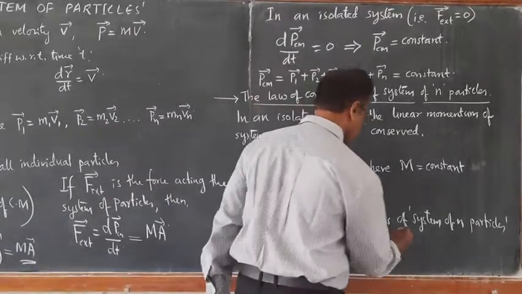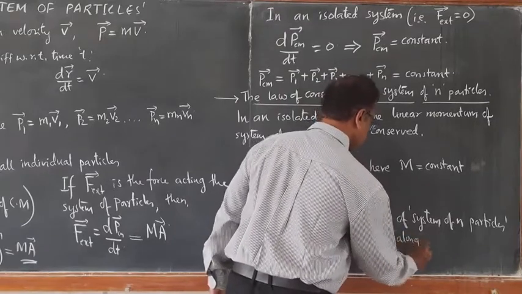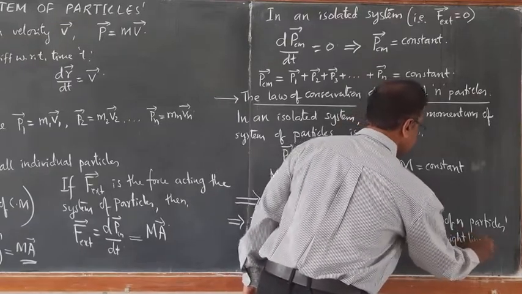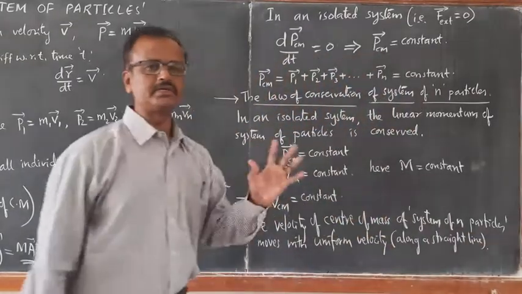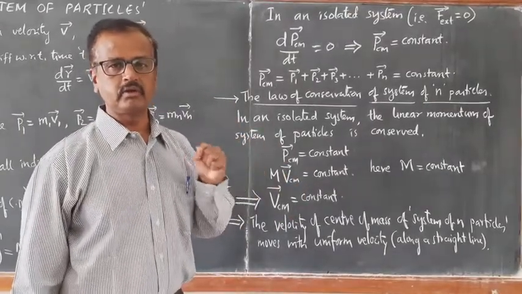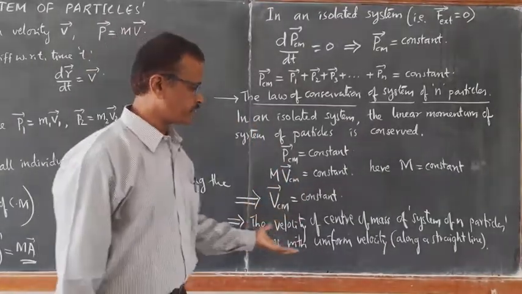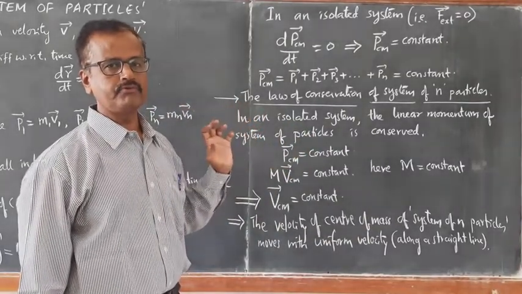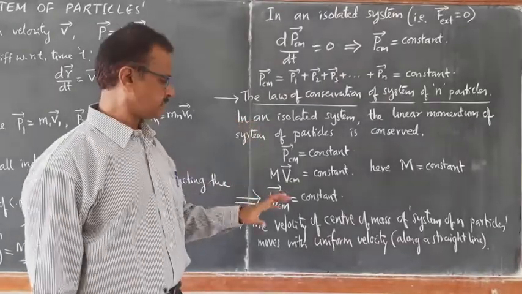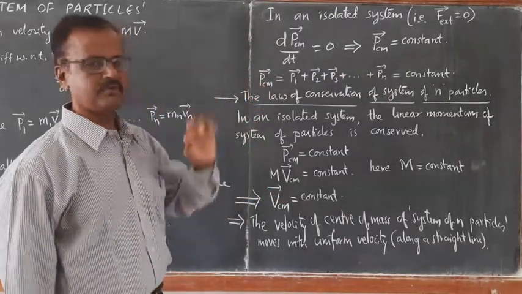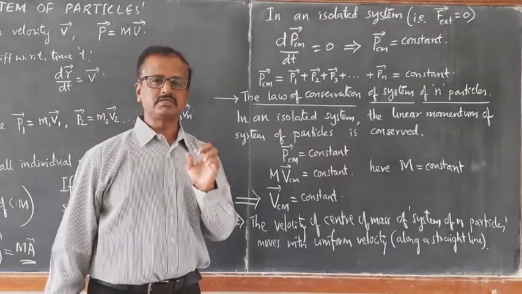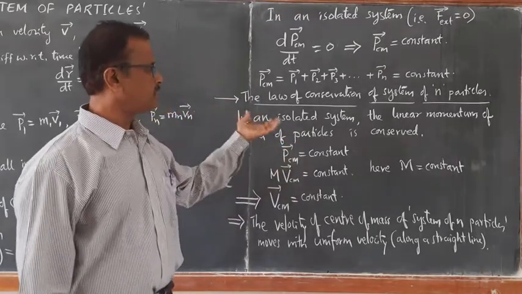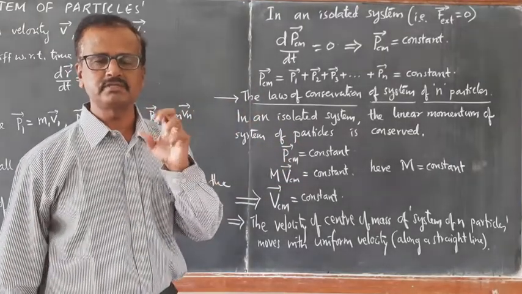Uniform velocity means constant speed along a straight line. This is an important conclusion. Center of mass doesn't change its direction at all. Not only its direction, its magnitude also continues to have the same value of speed. That is the meaning of law of conservation of momentum of system of n particles. Now let us solve some simple problems, and then later on we will continue with law of conservation of system of n particles. Let us solve some simple problems.